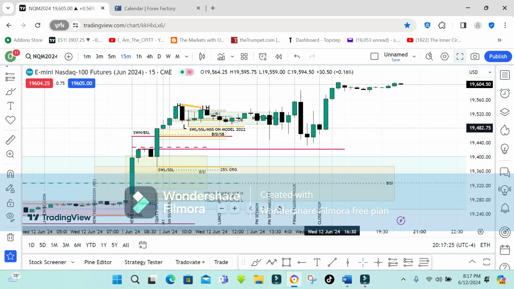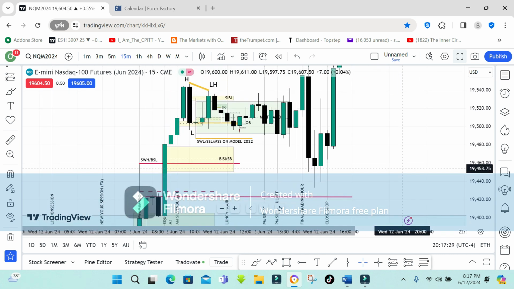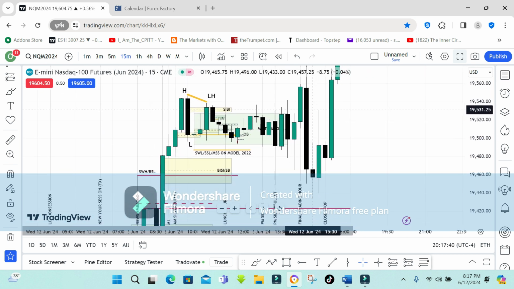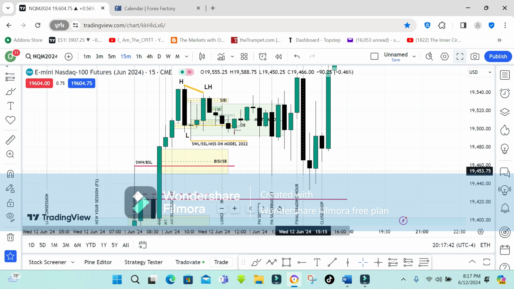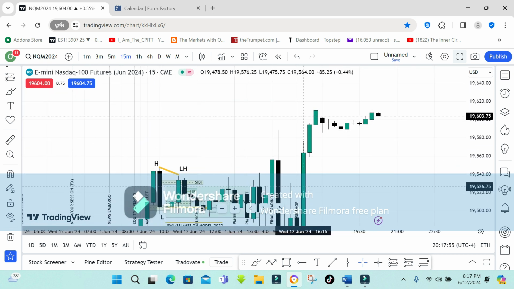And this is what we had, a really not so strong delivery, especially after the CPI number. It was a little bit choppy, and in the final hour after the morning PM session, there was a drop, and then it started running to the buy side.